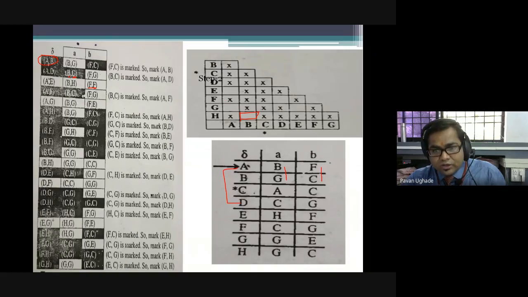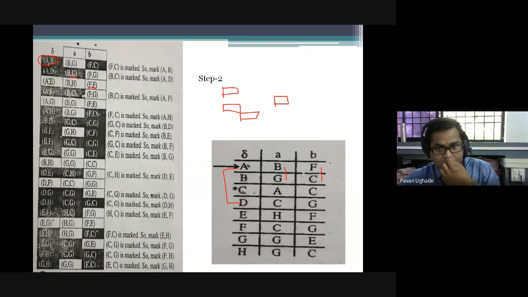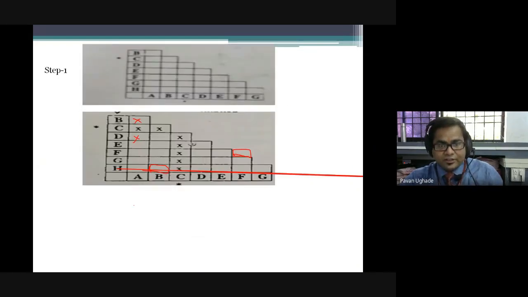Here also, this combination, you are able to see they are blank. AG, we have kept it blank. Even AE, we have kept it blank. BH also. Then DF, you see CC and GG, DF we have kept it blank. What we have done in step 1: we have only designed the table, and marked the final states over the horizontal and vertical.